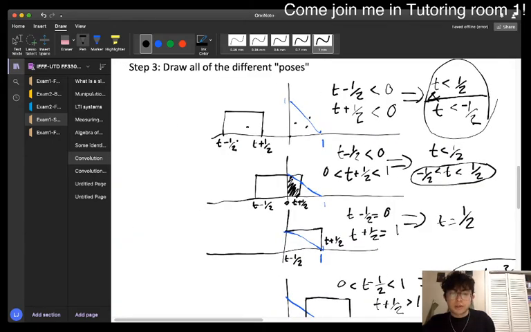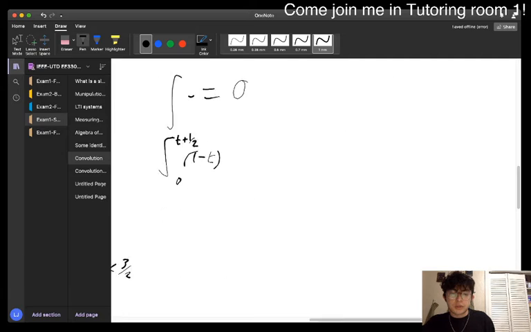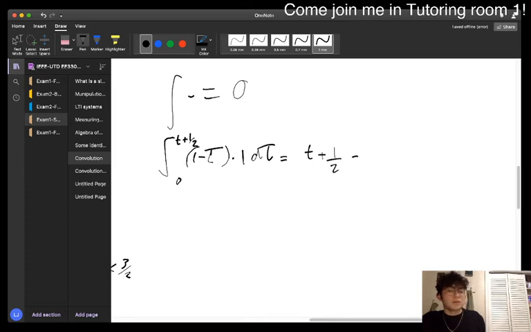So times 1... oh, wait, that should have been a tau. Tau, because we're doing the convolution integral, times 1 d tau. Right. So now, when we do this integral, we should get something that looks like this: 1/2 minus (t plus 1/2) squared over 2.